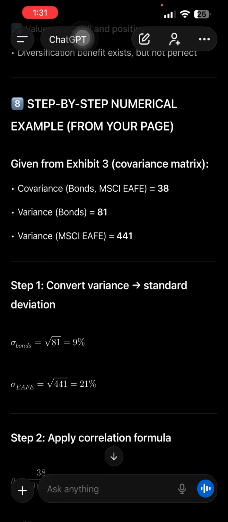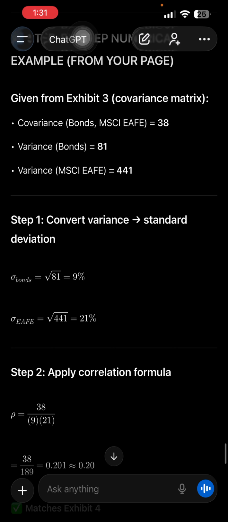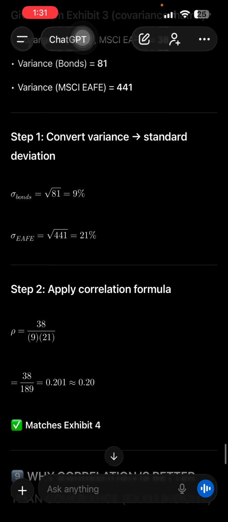Now we are comparing MSCI and bonds. So we are taking covariance of MSCI and bonds and variance of MSCI and bonds. Now convert the variance into standard deviation. The square root of variance itself is standard deviation. So we are getting 2 standard deviations: standard deviation of bonds and standard deviation of MSCI. Now apply the correlation formula, that is covariance divided by standard deviation.